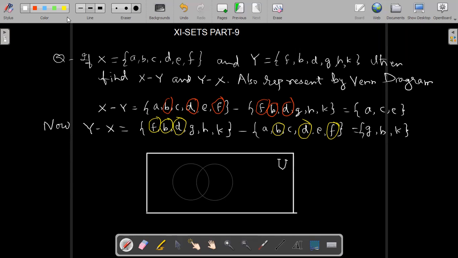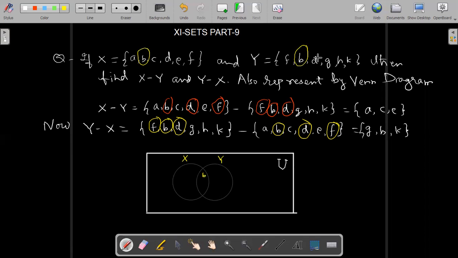Now we can write common elements between these two sets. This is X and this is Y. So between X and Y, check what are the common elements. B is common, so we can write B inside.